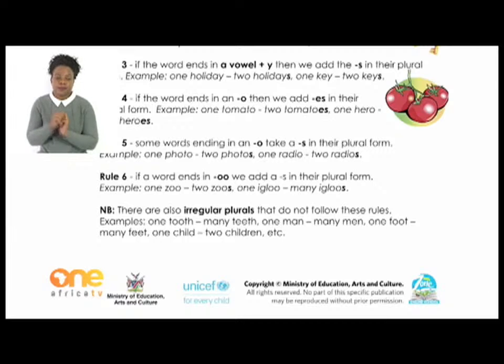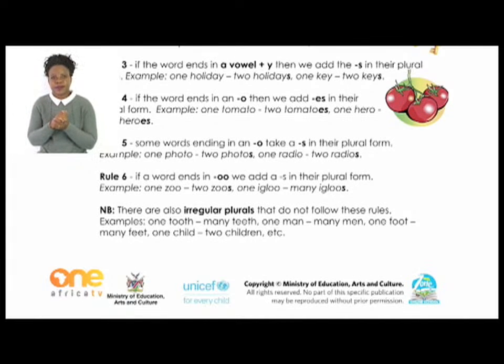For example, zoo, two zoos. One igloo, many igloos. These nouns end with double O, so we are just adding S as the plural.